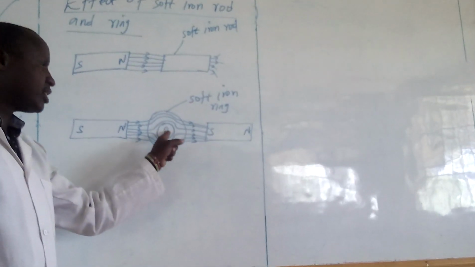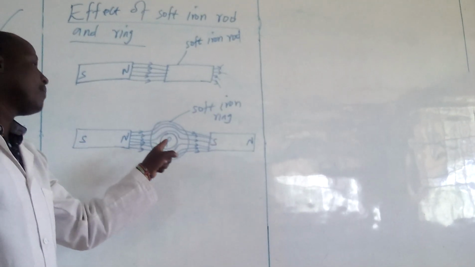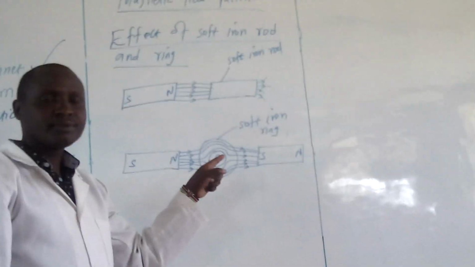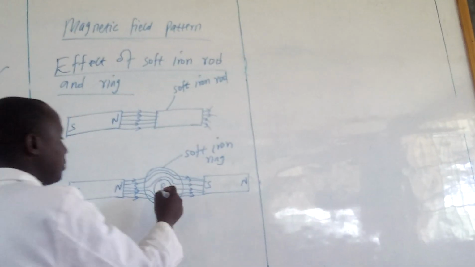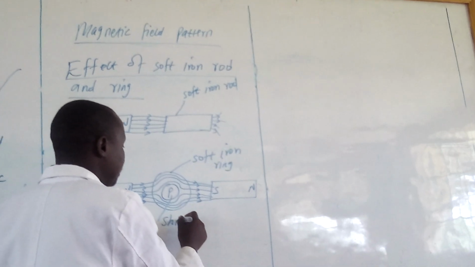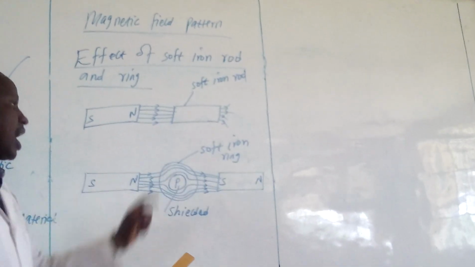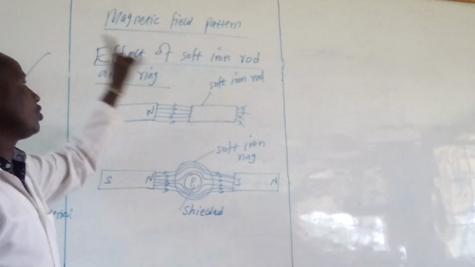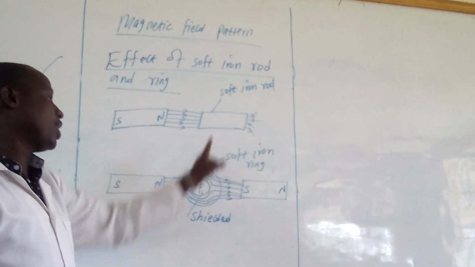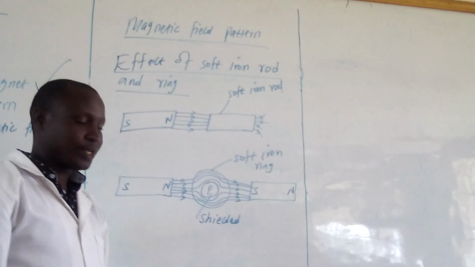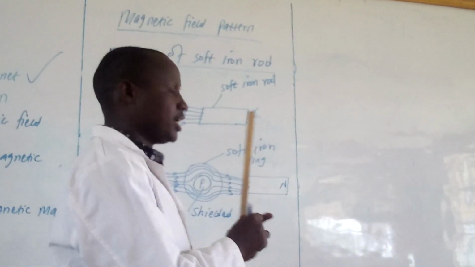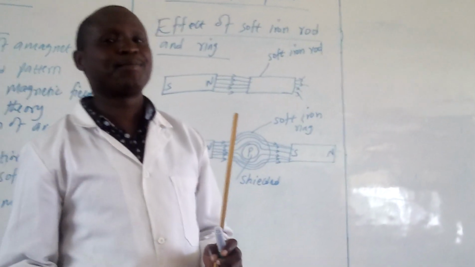There is no magnetic field here, so we say that point P is shielded, which means there is no magnetic field at that point. This is what we have in the soft iron rod and the soft iron ring.